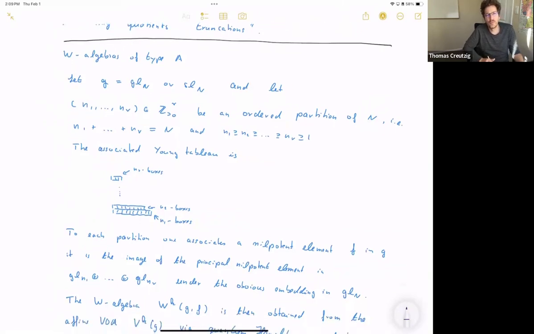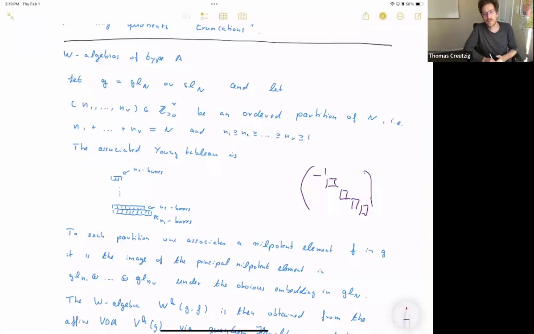The partition of the big N into r integers: you think about your big N by N matrix, and on the diagonal, you draw diagonal blocks, the first one an N1 times N1 block, the second one an N2 times N2 block, etc. This gives you the natural embedding of GLN1 plus GLN2, etc. into your big GLN.